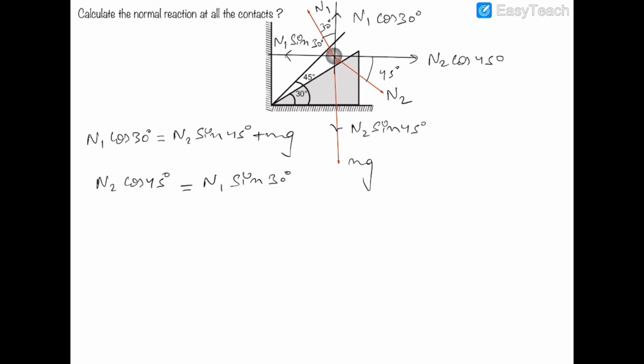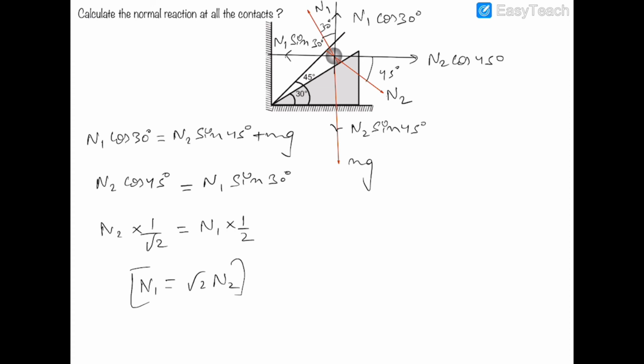Now cos 45 is 1 by root 2 and sin 30 is 1 by 2. So N1 will be equal to root 2 N2. We have established a relation between N1 and N2, and now we put this relation in equation number 1.